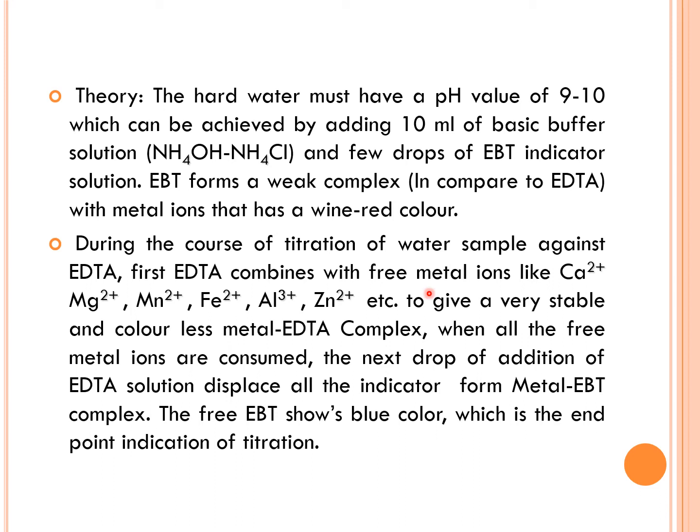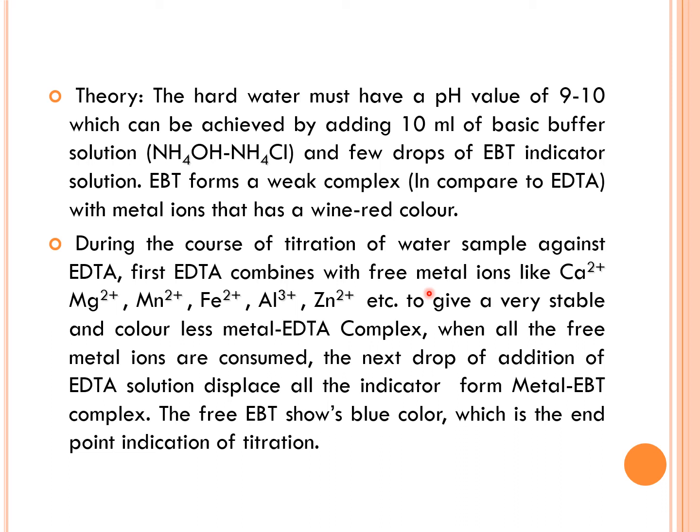Theory: the hard water must have a pH value of 9 to 10, which can be achieved by adding a buffer solution, ammonium hydroxide or ammonium chloride. How to make this buffer solution, that we will discuss in the next class.